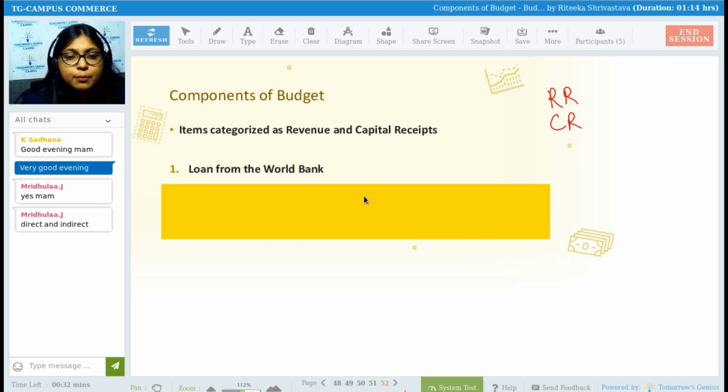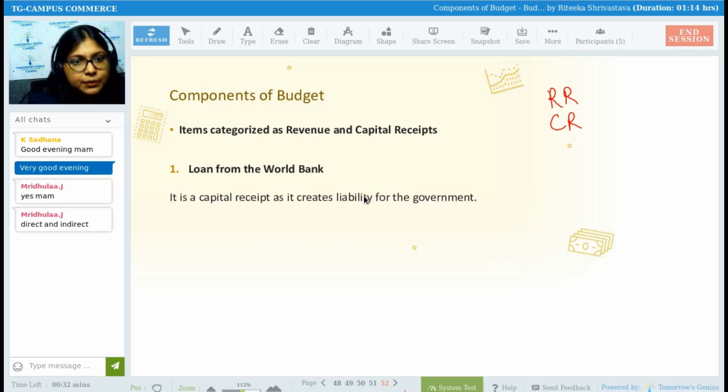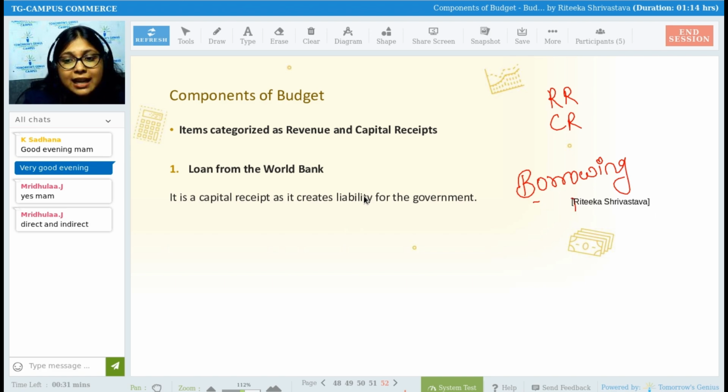Loan is the borrowings, or the money taken by the government. So loan is a type of borrowing. And as we saw earlier, any time the government borrows, that means it creates liability. Any receipt which creates liability for the government is called a capital receipt. So it is a capital receipt as it creates liability for the government.